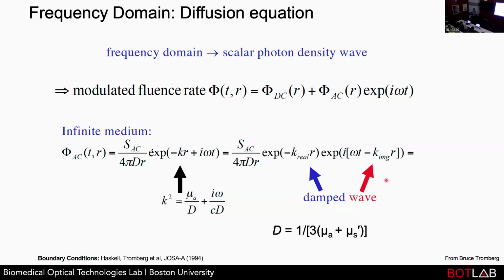And so you can look up solutions. In fact, this is maybe the correct reference for the solution to the time frequency domain diffusion equation with different boundary conditions by Haskell and Svaasand way back in 1994. And just like with the other techniques, you can use the diffusion equation or solutions to the diffusion equation, or you can use Monte Carlo.